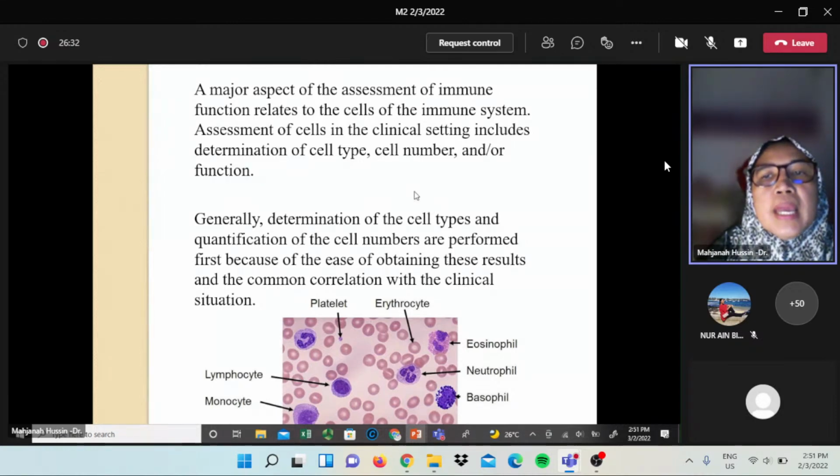But we can look at your eosinophil, your neutrophil, your basophil, your lymphocyte or your monocyte, because the monocyte will in turn differentiate into your B cell and T cell. But what we have, when it is in the blood circulation, the one that is going around will be your monocyte.